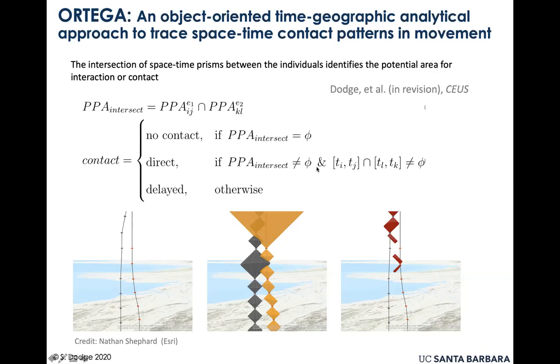And then if the interaction happens to share a timeline, then we call it direct interaction, meaning that the interaction happens at the same time, same location. Otherwise, if the timelines do not overlap, then the interaction is a delayed interaction with a time lag. So we don't specify any previously defined time threshold for that.